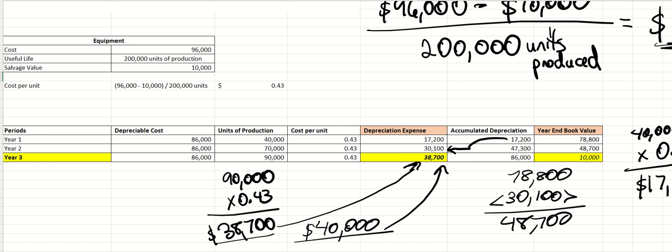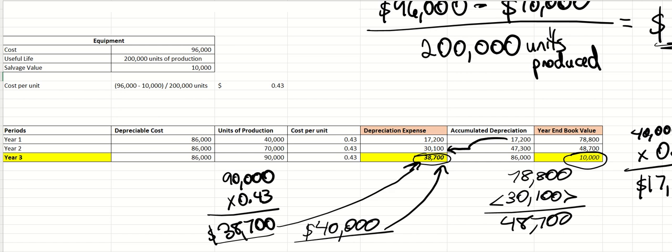The reason why is because if we record more than $38,700, our year-end book balance will be lower than $10,000. But remember, we cannot depreciate more than the salvage value, which is $10,000.